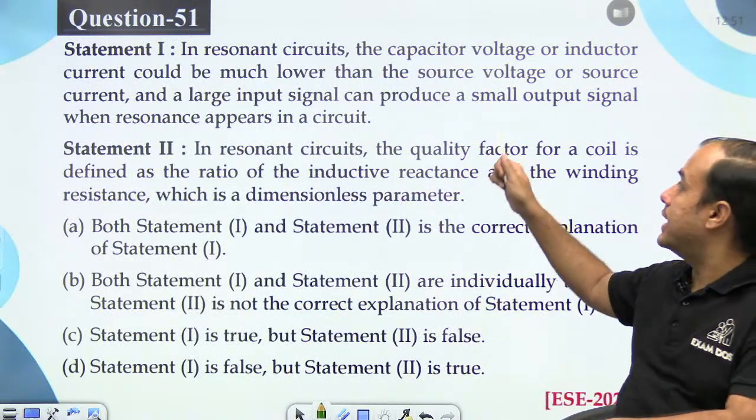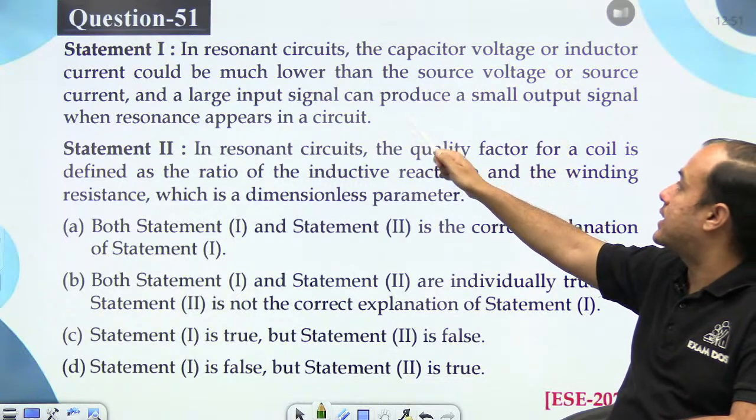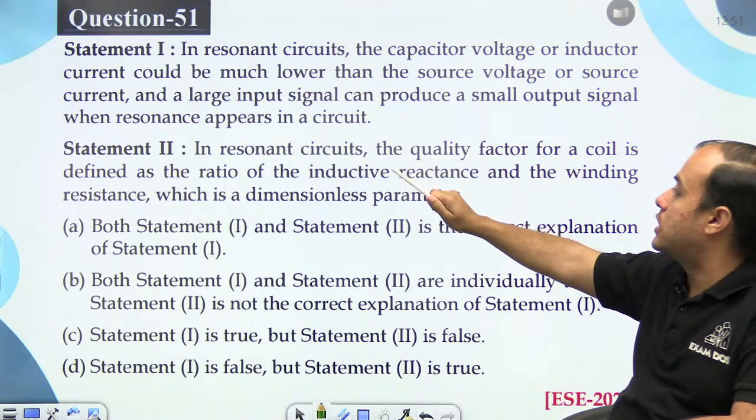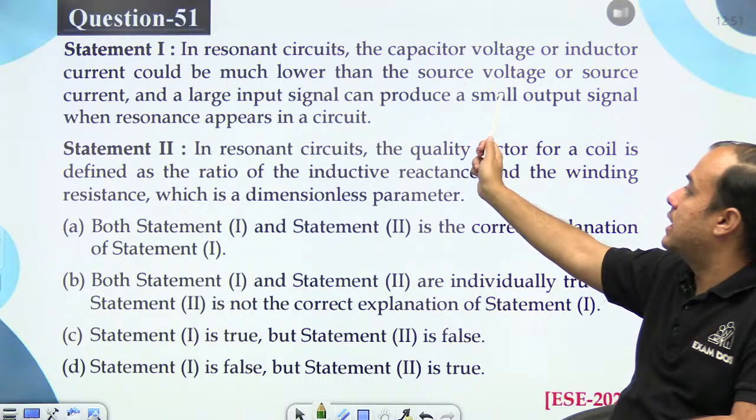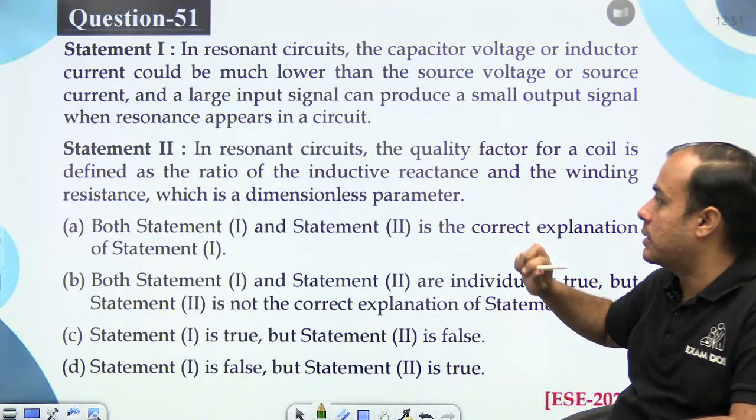In resonant circuit, the capacitor voltage or inductor current could be much lesser than the source voltage or current, and a large signal can produce a small output when resonance appears.